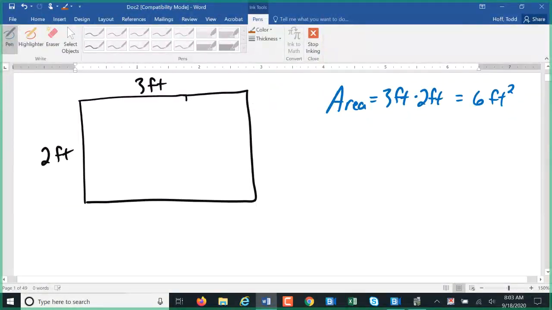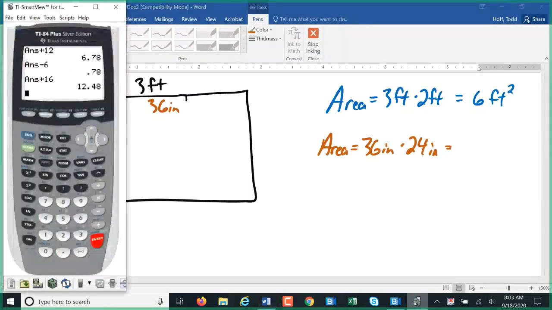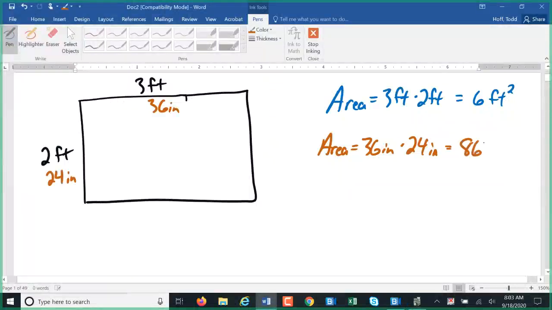But if I convert those into inches, 2 feet is 24 inches, and 3 feet is 36 inches. If I find the area in inches, it is 36 inches times 24 inches, which ends up being 864 square inches, or inches squared.